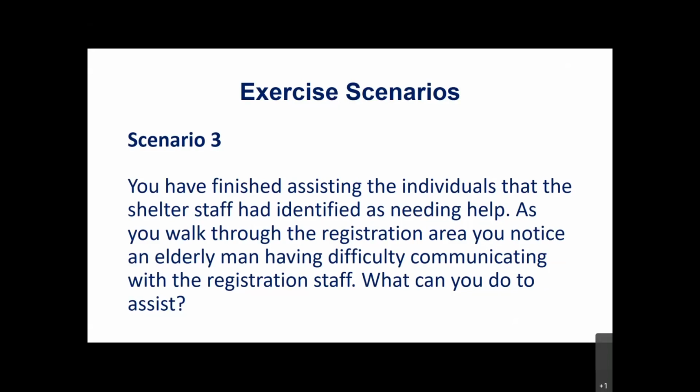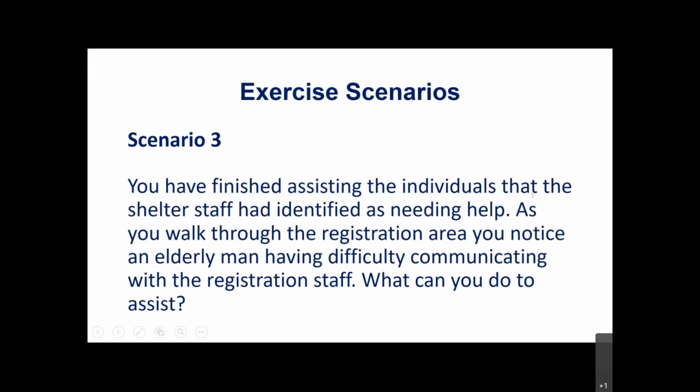So they would look at using a pen or paper, perhaps an iPad or tablet. Those are all good ideas. If they determined that the person needed an ASL interpreter, they would request that through the shelter manager.